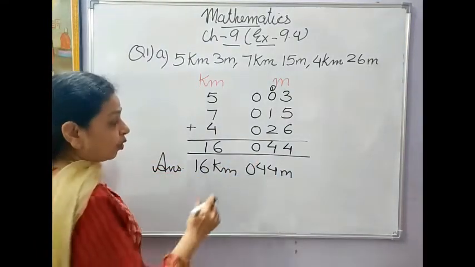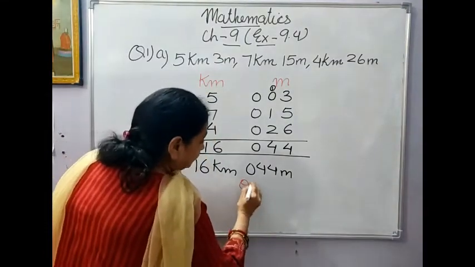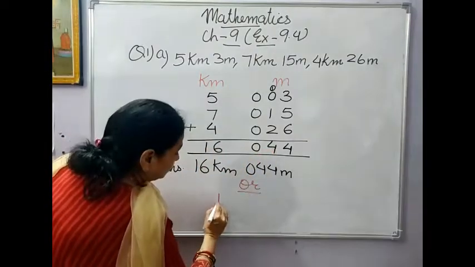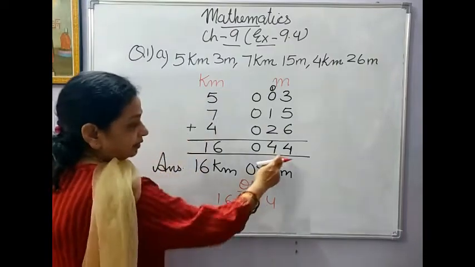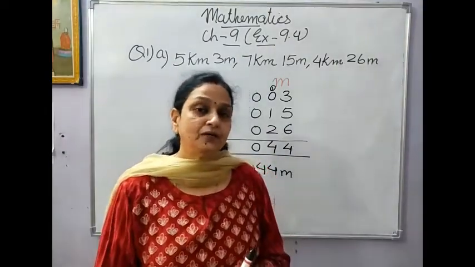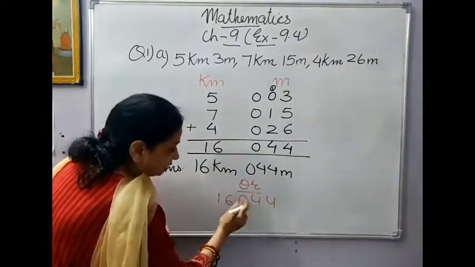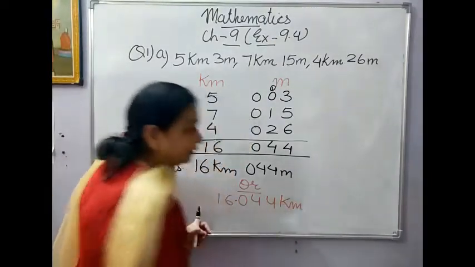Now the second thing, decimal. Now how to write it? Now what you do, children, you will combine this 1, 6, 0, 4, 4. As you know there are 1000 meters in 1 kilometer, that means there should be 3 places. So count 1, 2, 3, put the decimal and put the higher unit only.